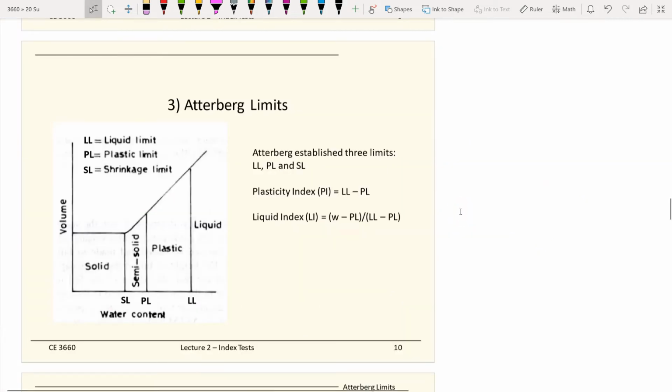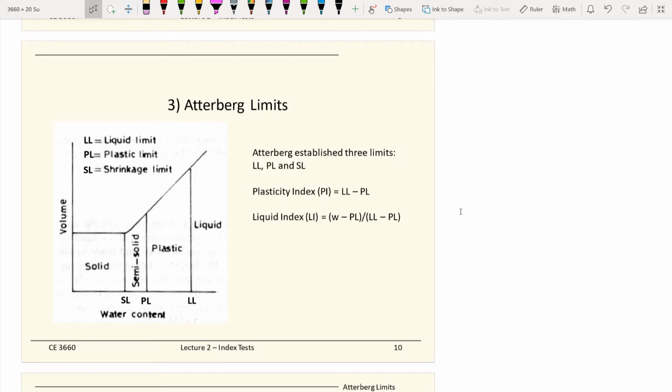Okay, moving on. The third type of testing we will cover today is the Atterberg limits. Unlike the previous testing we talked about, the grain size distributions, which have two tests, the Sieve Test and Hydrometer Test, those two tests are for finding out the particle size.